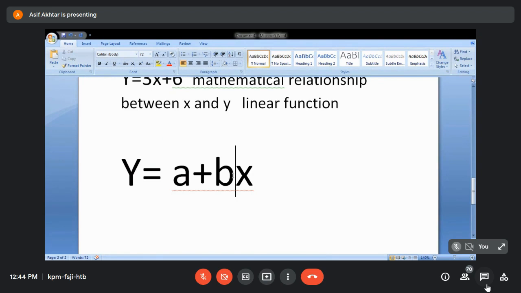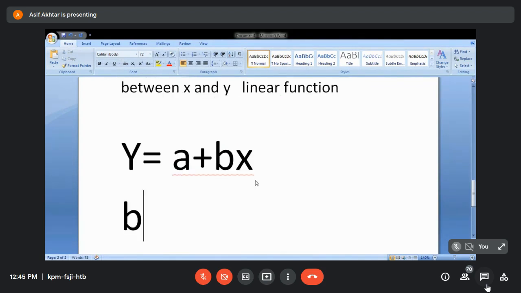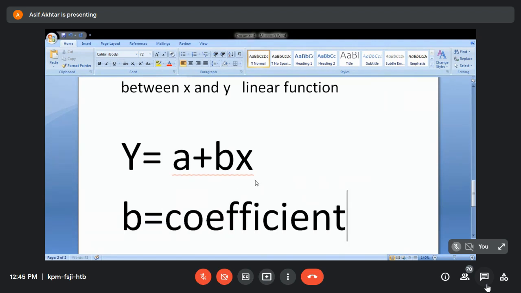The number which is attached with this x, in the language we call it, sorry, small b, we call it the coefficient.